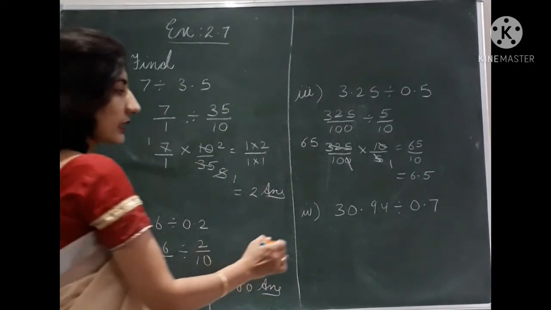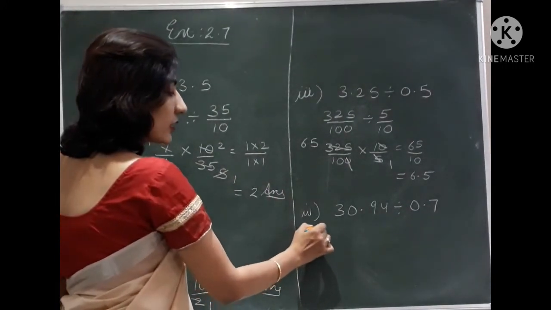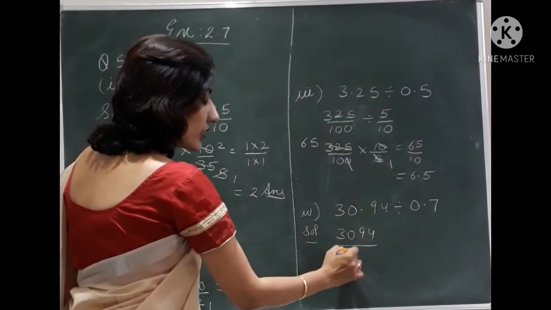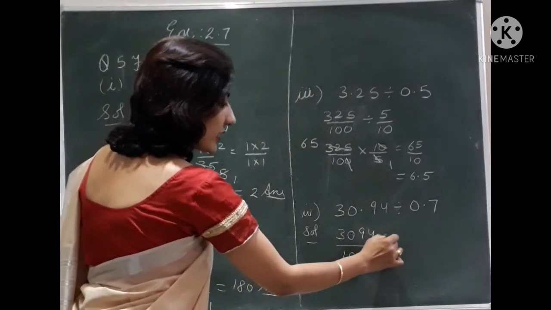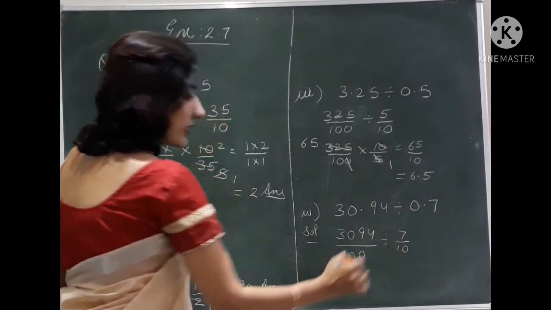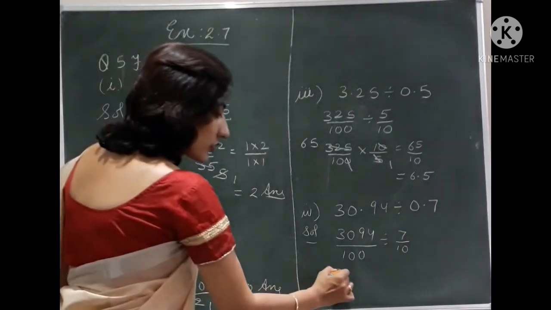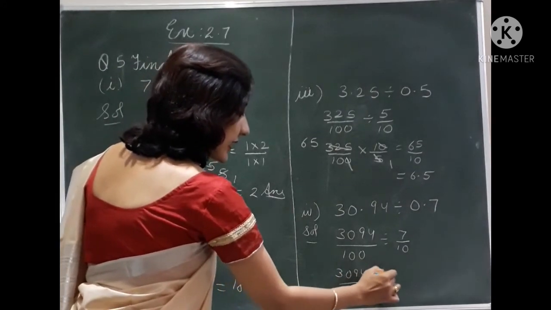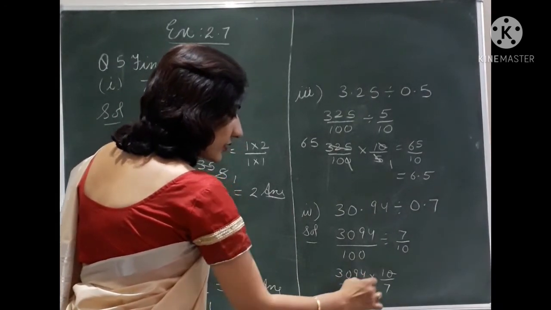Fourth part is 30.94 divided by 0.7. 30.94 can be written as 3094 upon 100 divided by 0.7 will be written as 7 upon 10. So 3094 upon 100 multiplied by 10 upon 7. This 10 cuts with this 100.